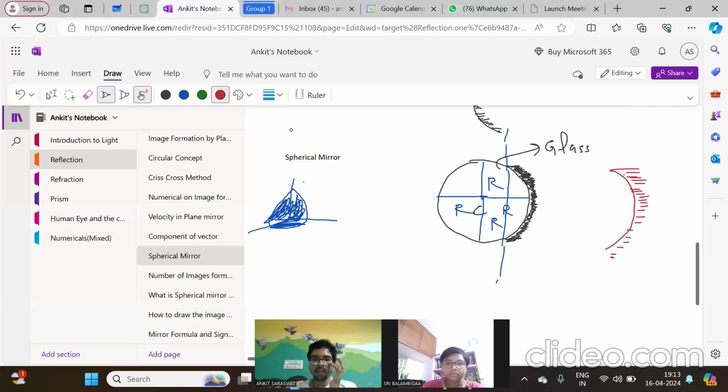And what about the convex mirror? If you polish the inner surface, then this is known as convex mirror, and cut like this. Then you will get a section of the mirror like this.